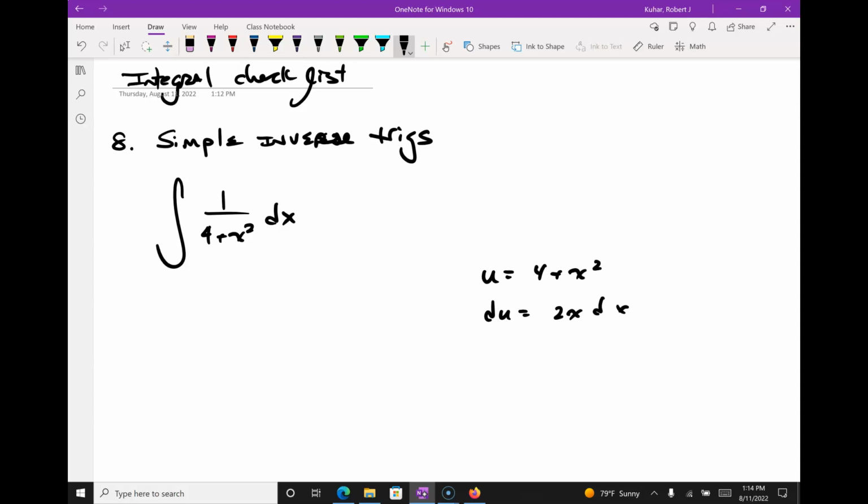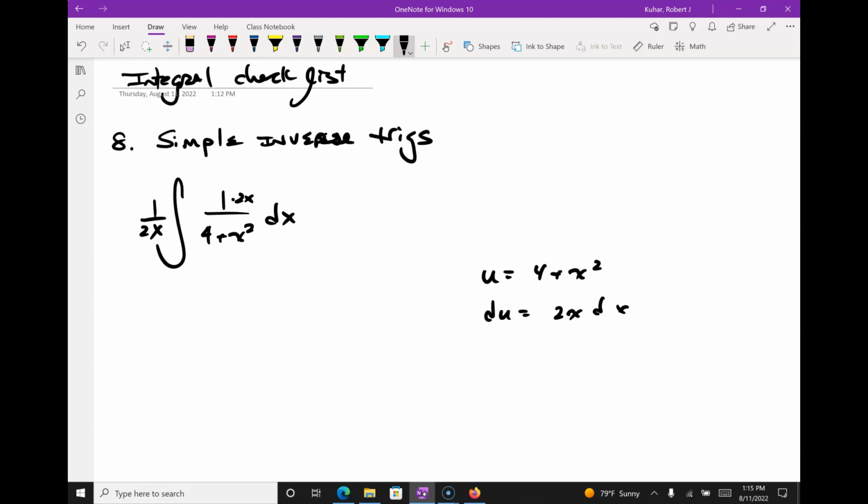I can get the 2, but I can't multiply by x. I can't multiply by a variable to make it work. I can't do times 2x and divide by 1 over 2x. Why can't I do that?